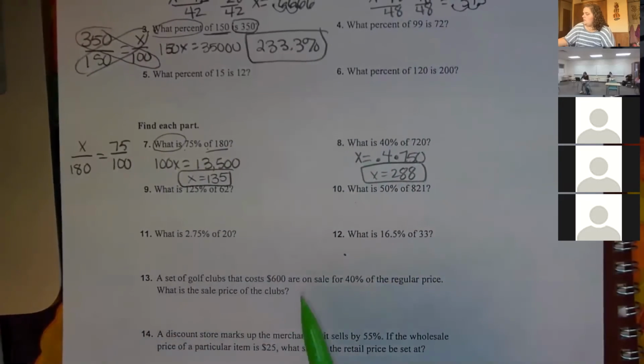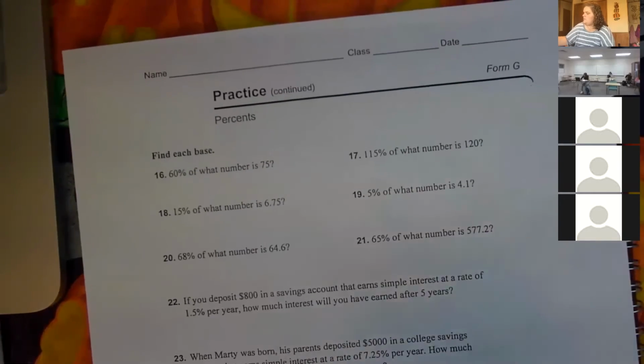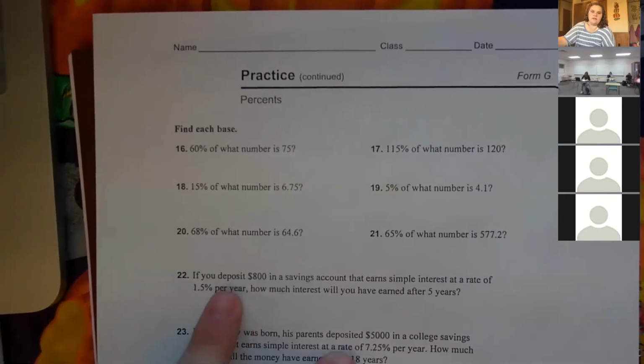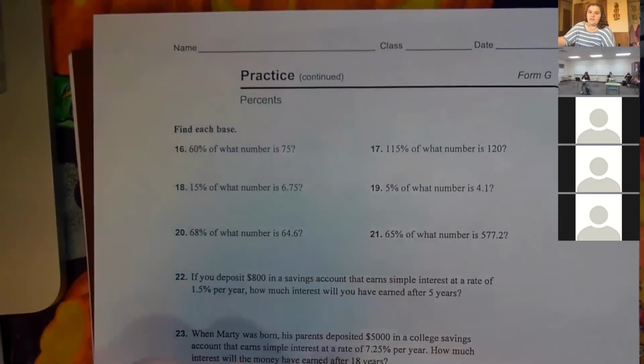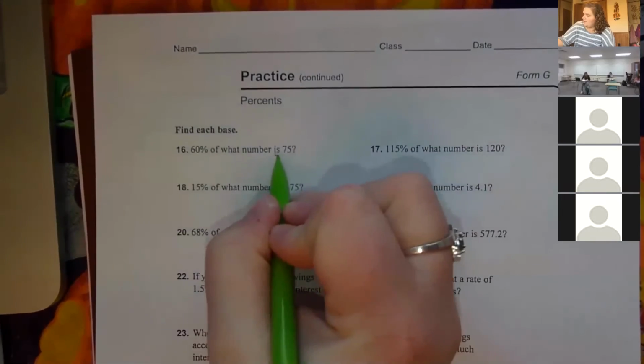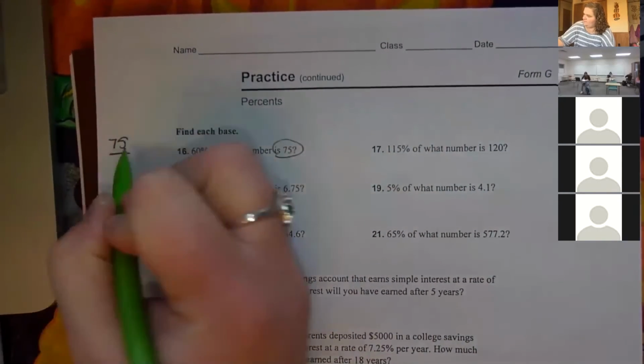Okay, then there's some word problems. Do your best. Let's do 16 and 17. I'll do one way and then I'll do the other way. So I'll do the is over of first, because I personally like is over of because I like proportions. But that's me. So I see is 75, so I'm going to put that in the is spot.